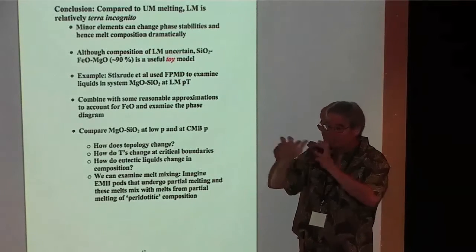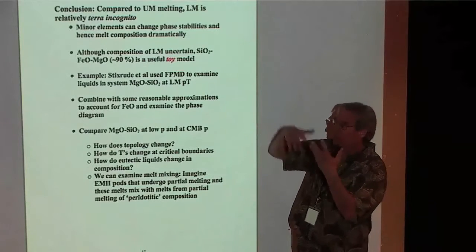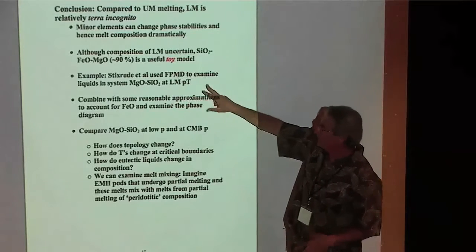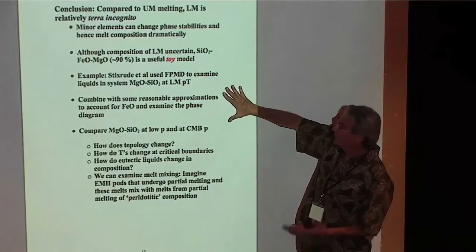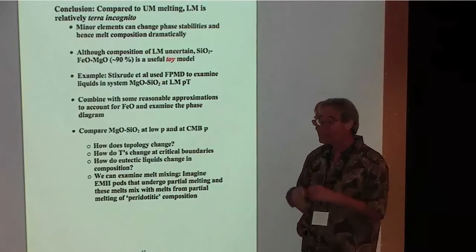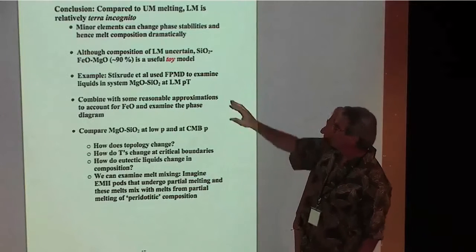Because that's what they're adding in here. And of course, you're getting it also at high temperatures and high pressures. And then you can combine this data, and I'll try and give you an example, with some ways to account for the iron effect, which is tough, because iron has this high spin, low spin transition. You have to worry about that.